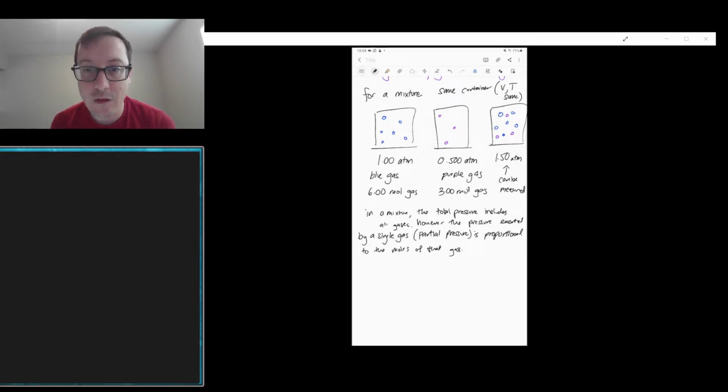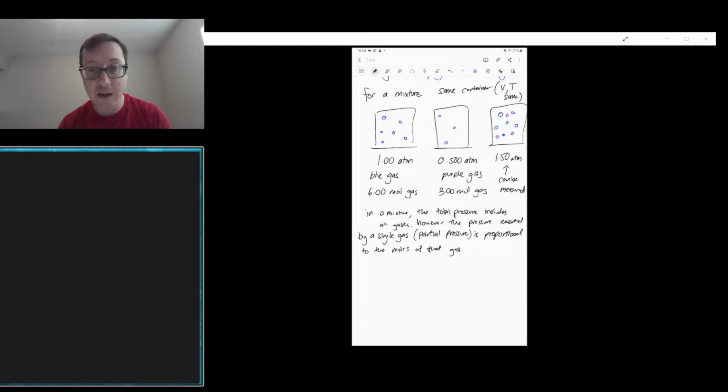With a mixture like air, each gas contributes a pressure called a partial pressure. So right now I have nitrogen hitting me, so nitrogen exerts pressure. Oxygen is hitting me, argon is hitting me, CO2 is hitting me.